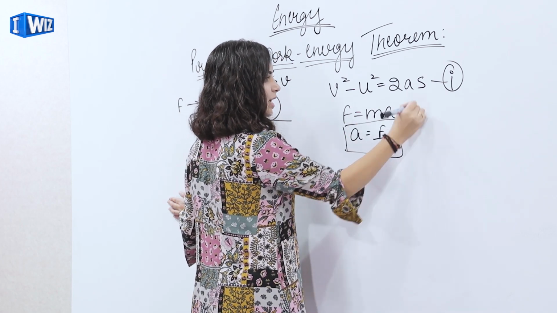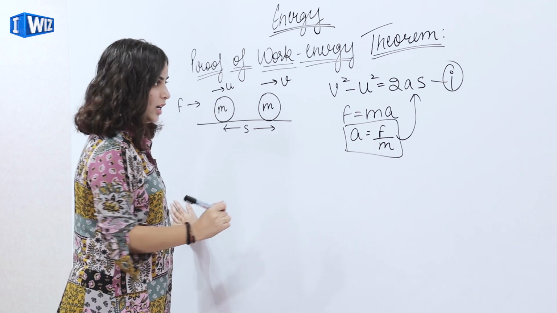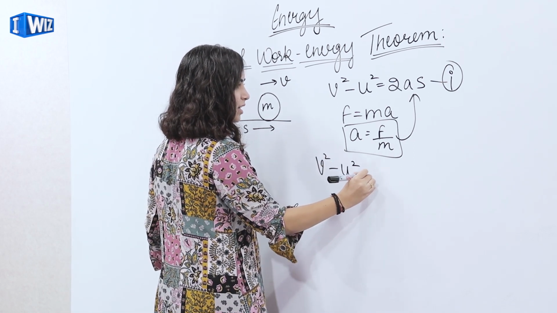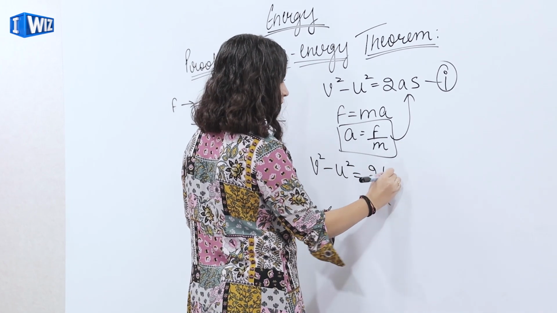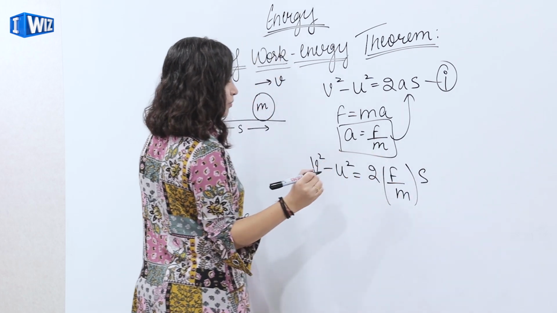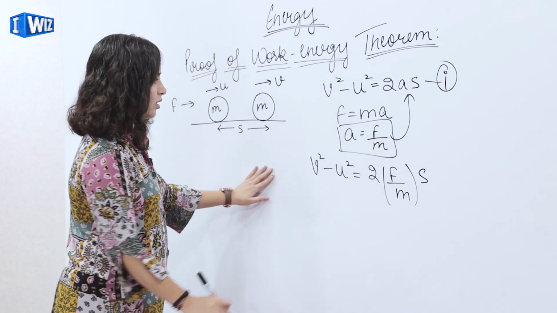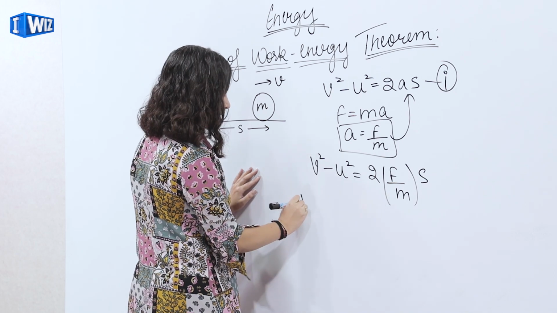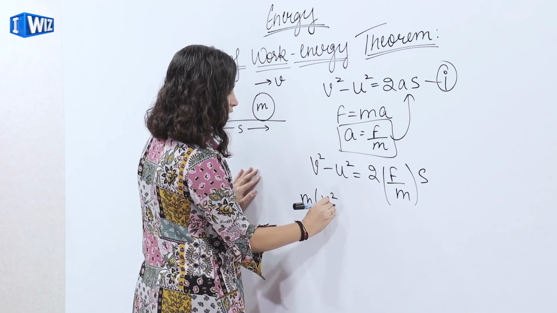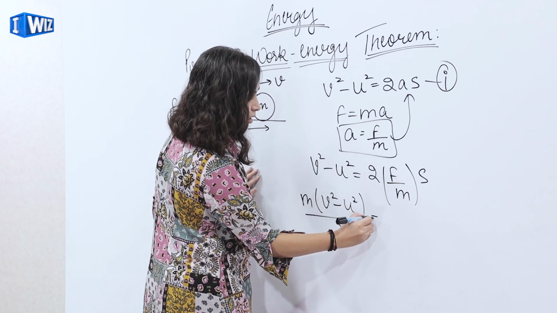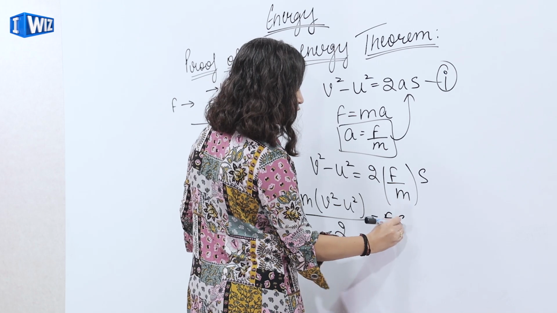Substituting the value of a into equation 1, v square minus u square is equal to 2 F upon m into s. Now I'll take mass this side: m times v square minus u square upon 2 will give me F into s.